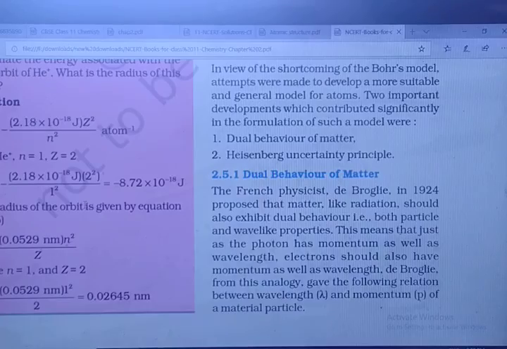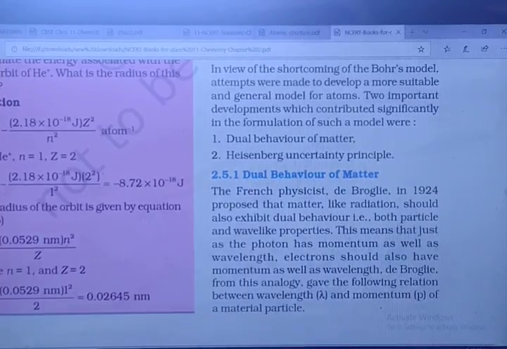De Broglie, from this analogy, gave the following relation between wavelength and momentum. After doing research on the concept of wavelength and momentum for the material particle, he gave his concept.